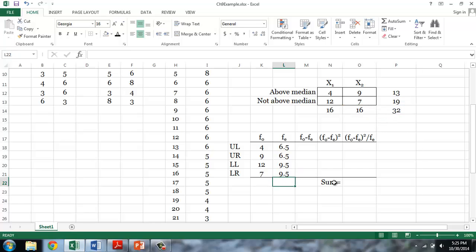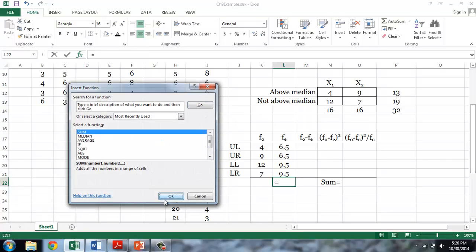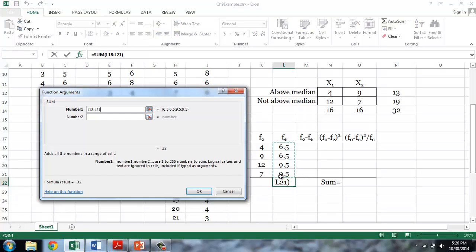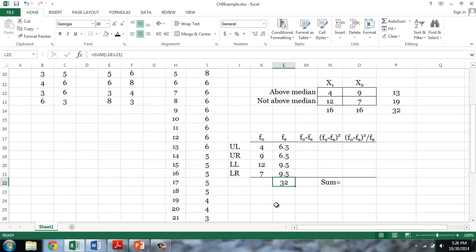One way to check whether you've calculated your expected frequencies correctly is to look at the sum. You'll notice that the sum of the expected frequency is equal to the total n. This should always be the case.